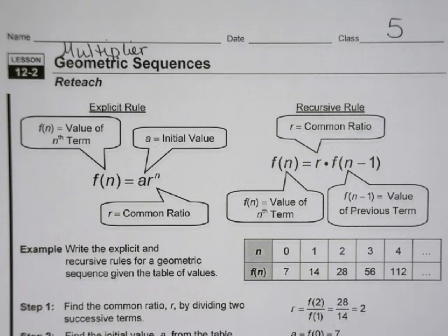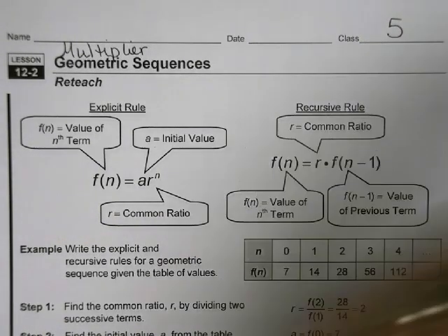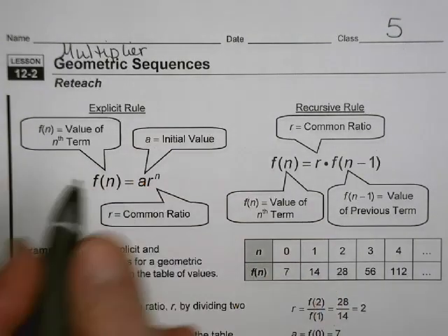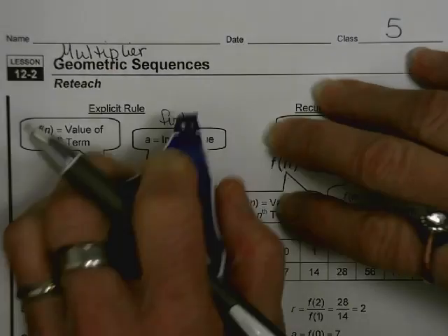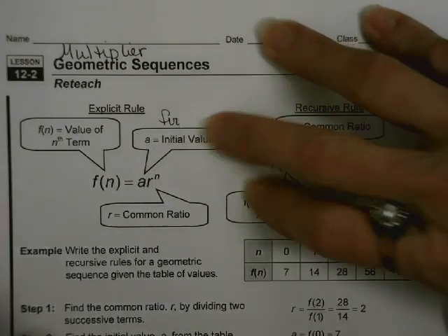This is how things grow exponentially. And that's why this one is in this unit, because that's our next function. It's an exponential function. So notice where the parts are. It's got them noted there. A does stand for the first term.